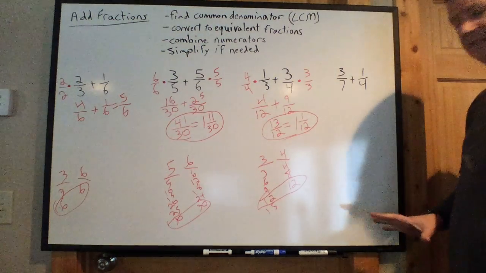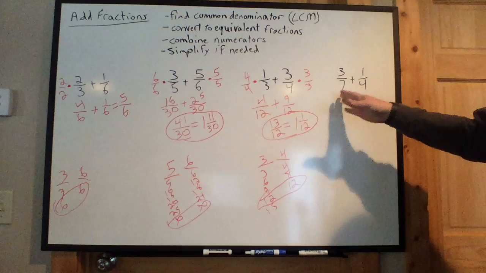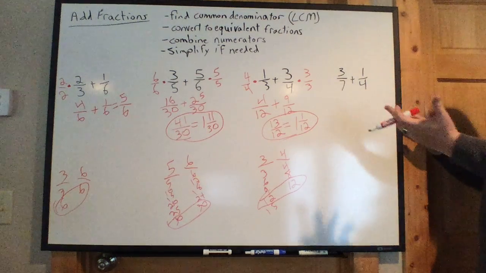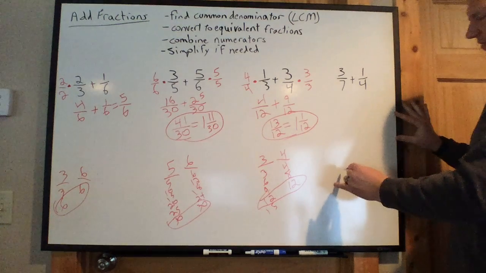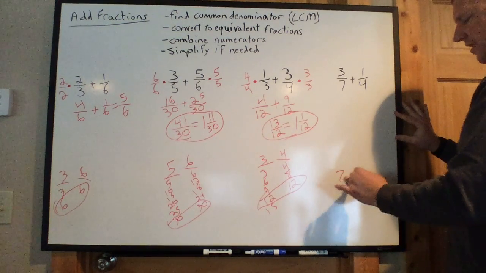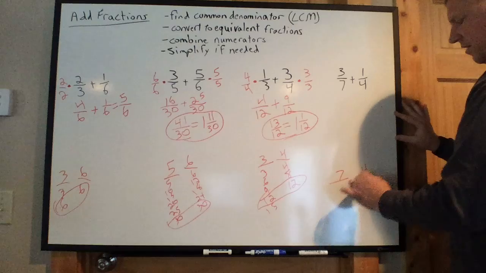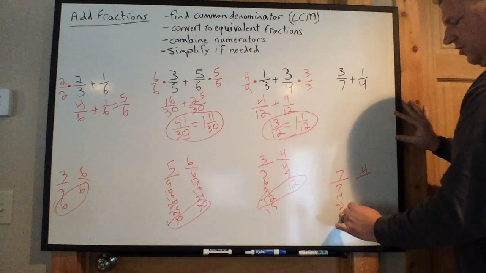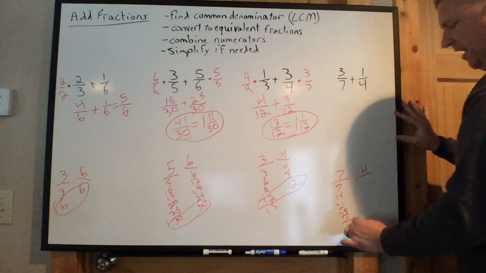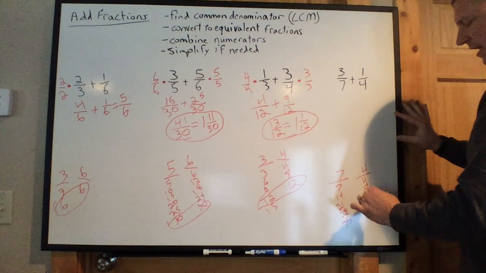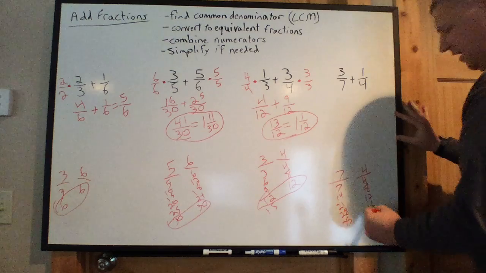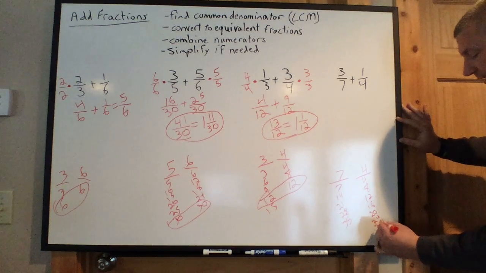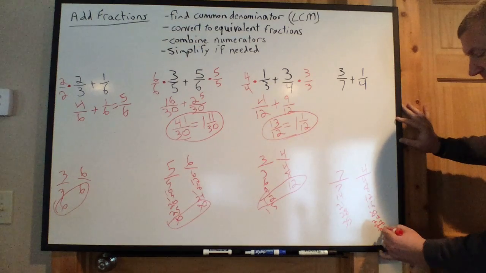Our final example being 3/7 plus 1/4. One of them is not a very common fraction, but we will go ahead and find these out. So we have the 7 and the 4. So 7, 14, 21, 28, 35, and 4, 8, 12, 16, 20, 24, 28, 32.